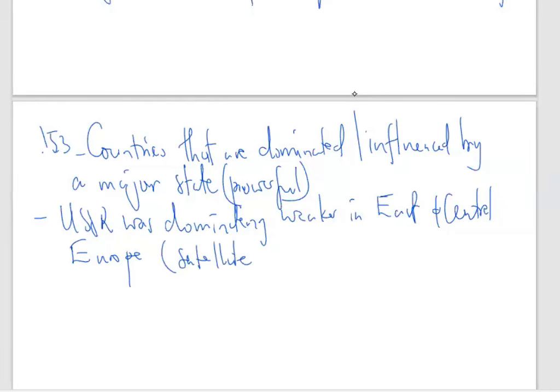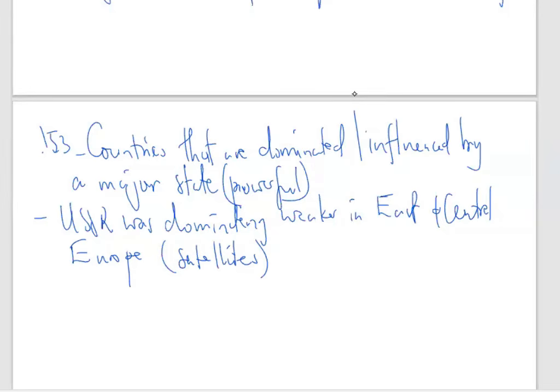So we are referring to the weaker states onto which the communist ideology was imposed by the USSR through its expansive tendencies. So the USSR was dominating those weaker states in East Europe and also invading Central Europe. Those were the satellite states. The governments of those states were imposed by Russian ideology.